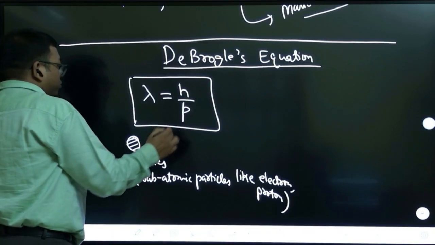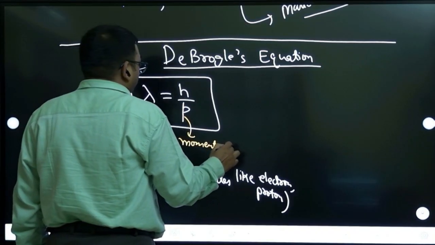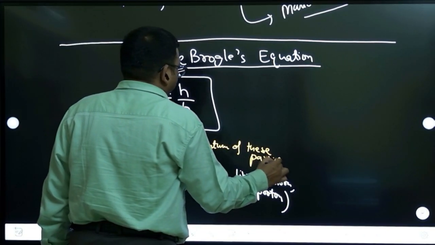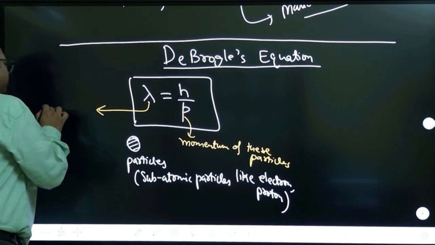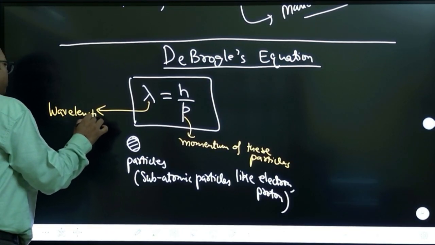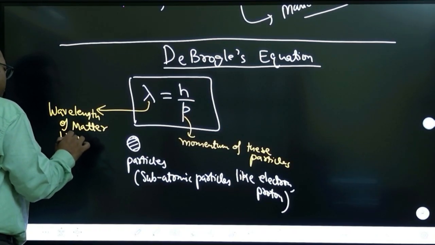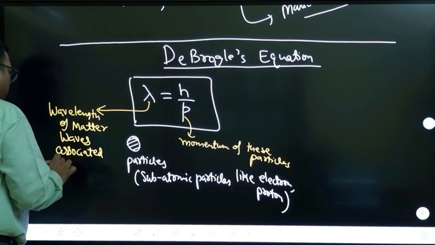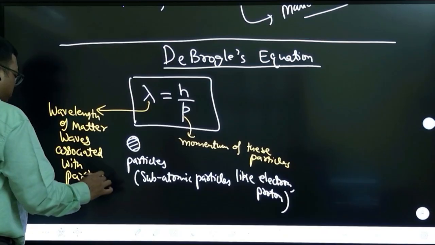P is the momentum of these particles. What is wavelength lambda here? Lambda is the wavelength of matter waves associated with particles.